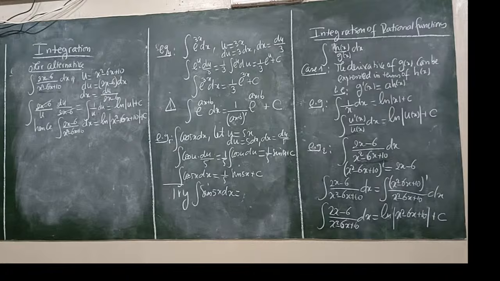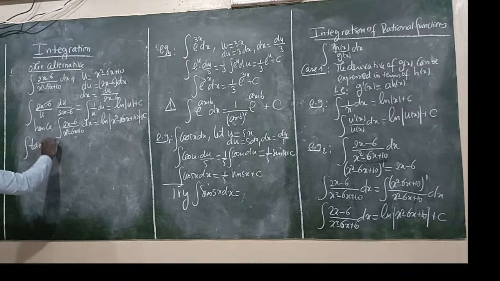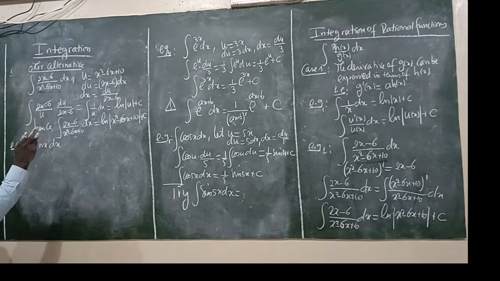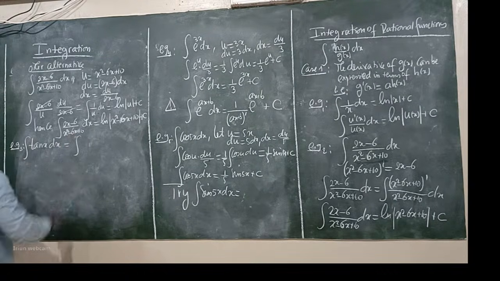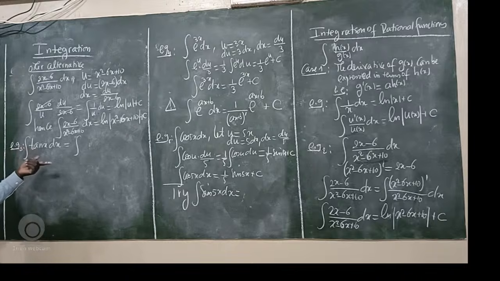The second one is about the integral of tan x dx. Let this be the next example. Yes, Example 3. We already know that the tangent is the ratio of sine x and cosine x.